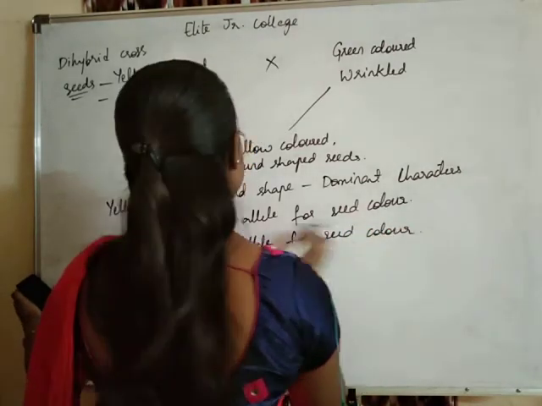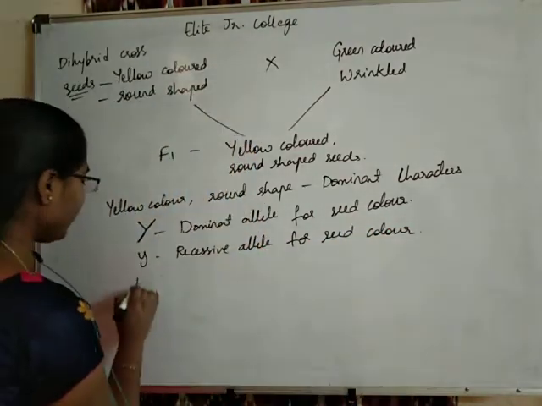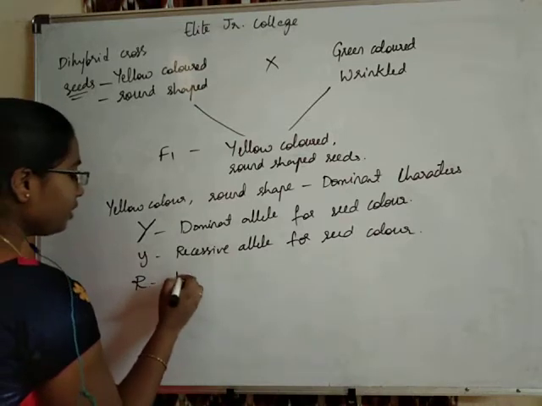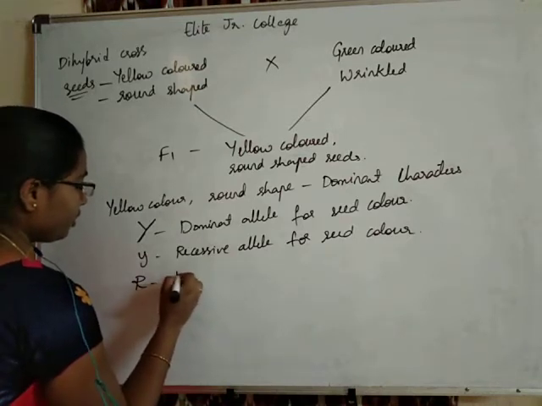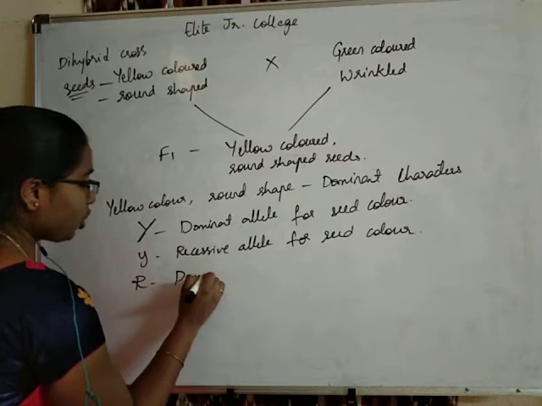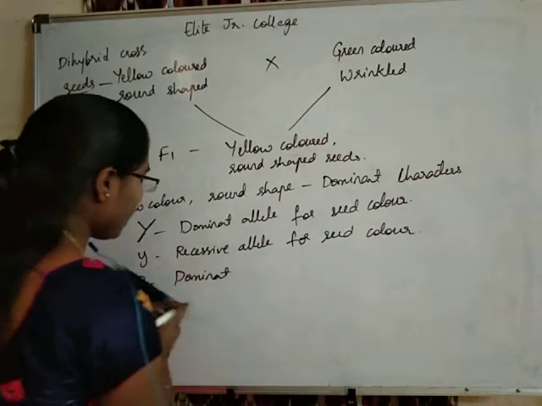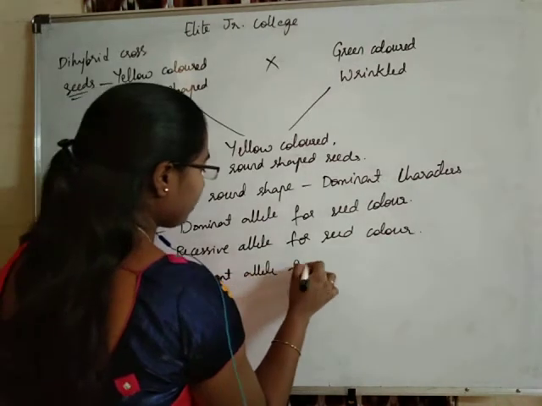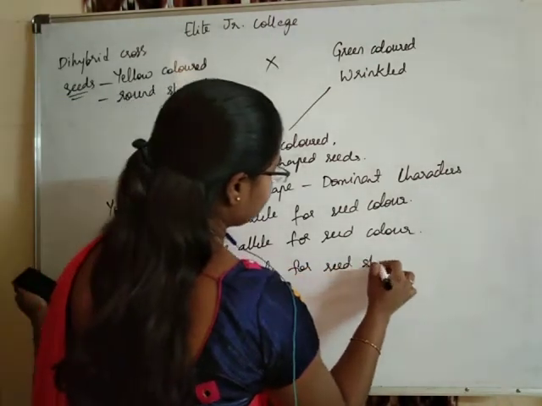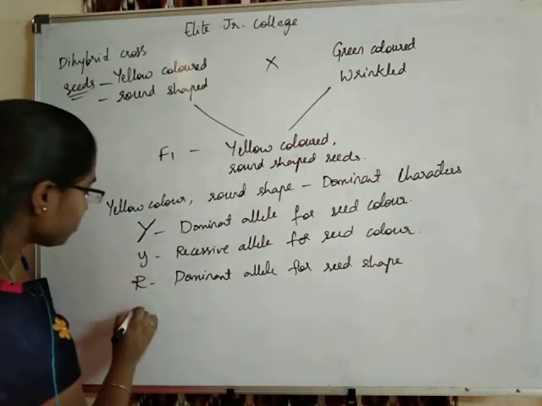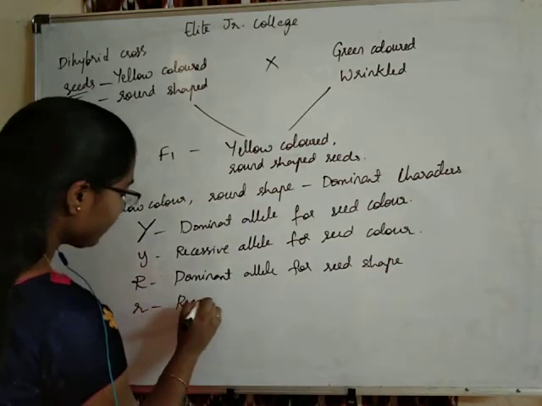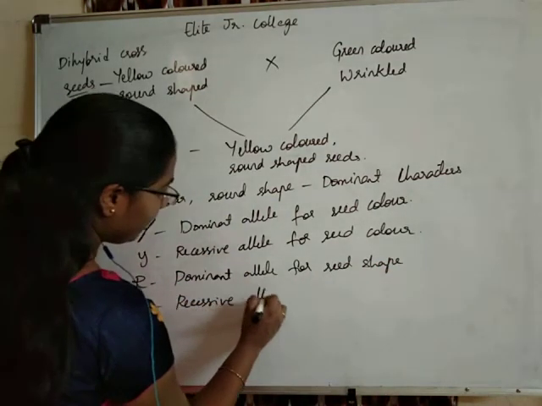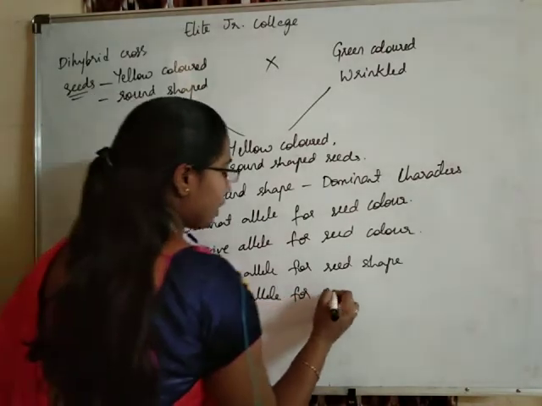In the same way, round shape was dominant, so we give capital R for the dominant allele for seed shape, and small r for the recessive allele for seed shape.